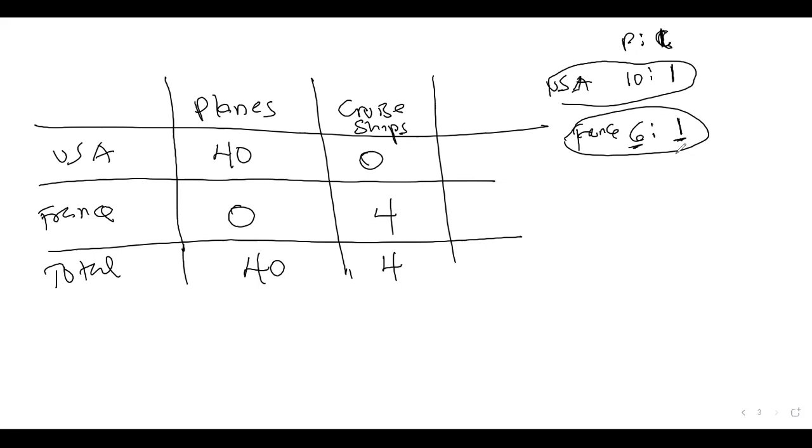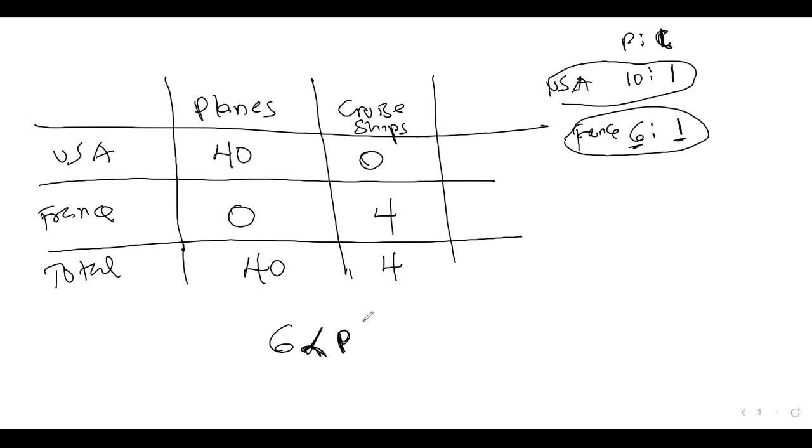I'll require that US will give me more than 6 aeroplanes, because I am rational. So the number of airplanes should be more than 6.